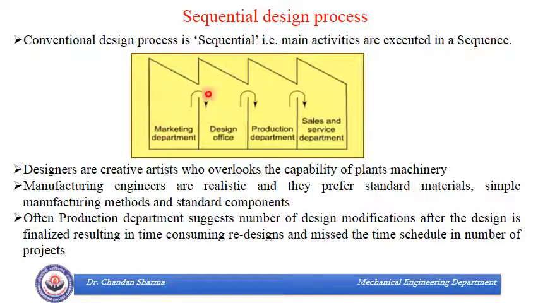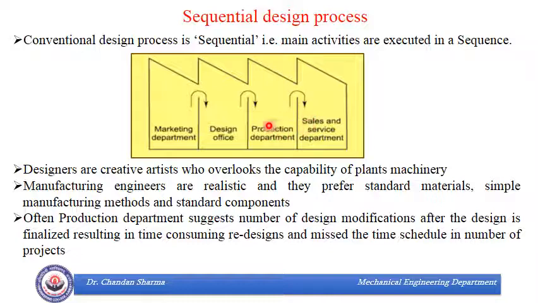This diagram shows the marketing department. It passes on the information to the design office. The design office designs the component, prepares drawings and passes this information to the production department. Here the component is manufactured and then it goes to the sales and service department.